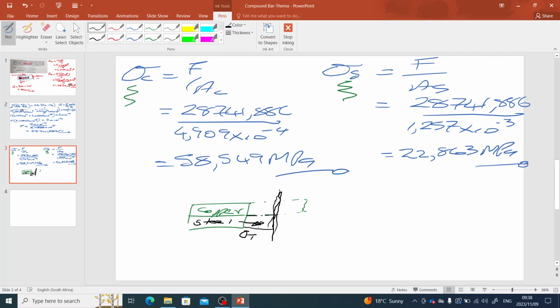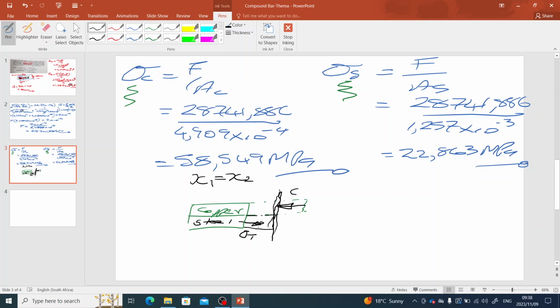But look at copper. Copper has extended beyond. But it has to be on that benchmark, because in parallel we said the change in length on one material equals the change in length on the other material. It means copper has to go back to that level of steel. If copper is going back to that level, what is this direction?